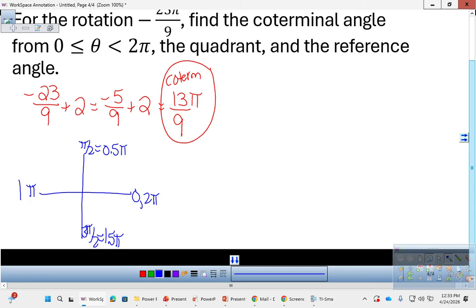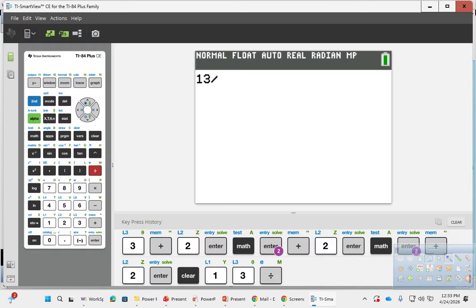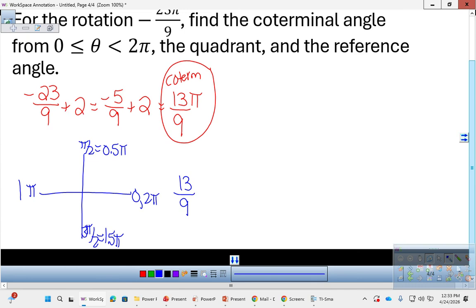So what I'm going to do is interpret the fraction 13 over 9. Well, 13 over 9, if I type that into my calculator in decimal form, is 1.44. So 13 pi over 9 is 1.44 pi.